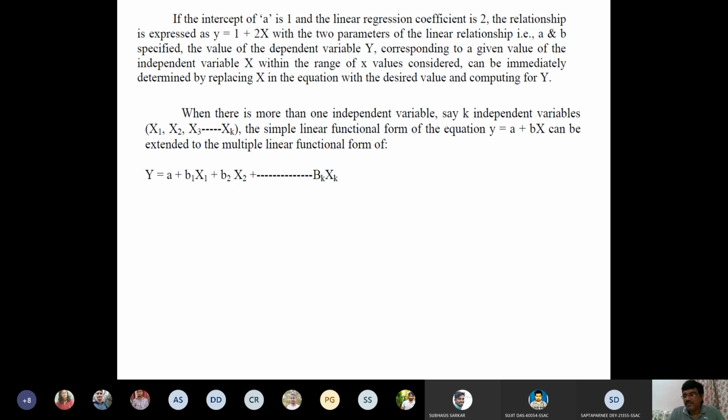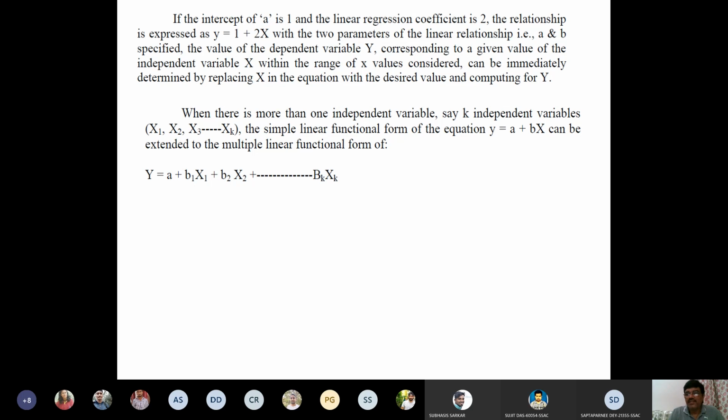So in this case, we have specified that the value of a is 1 and the value of b is 2. The value of the dependent variable y corresponding to a given value of the independent variable x, within the range of x values considered, can be immediately determined by replacing x. Suppose this was a fertilizer experiment and you have used different levels, say 0, 50, 100, 200, something like that.